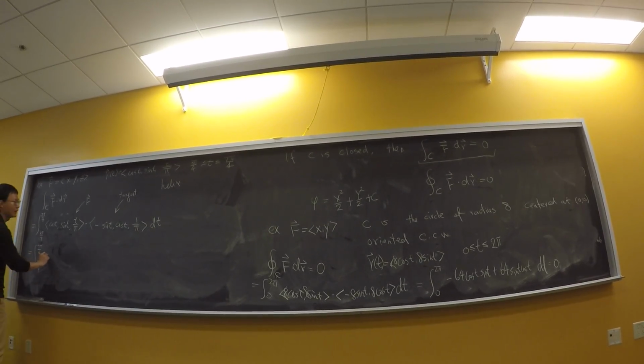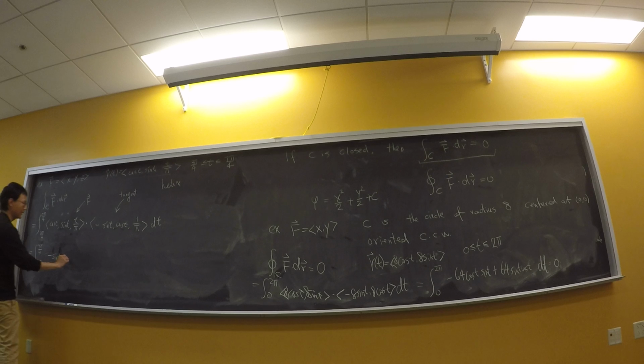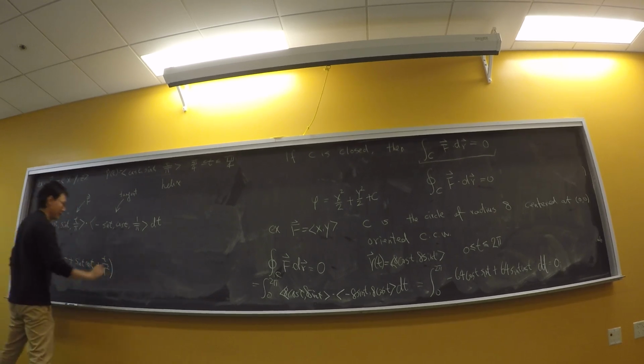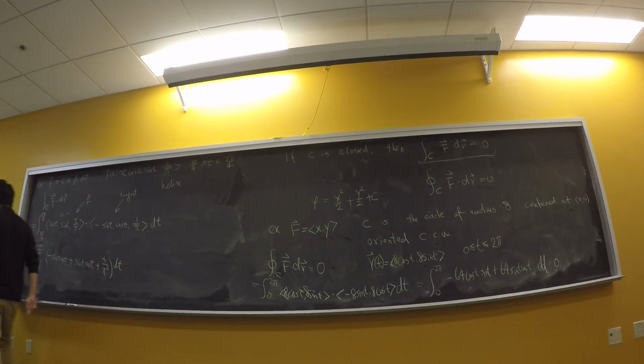What we have here is minus sine t cosine t plus sine t cosine t. So luckily this part will cancel out. And then we have plus t divided by pi squared, and the whole thing we integrate with respect to t.